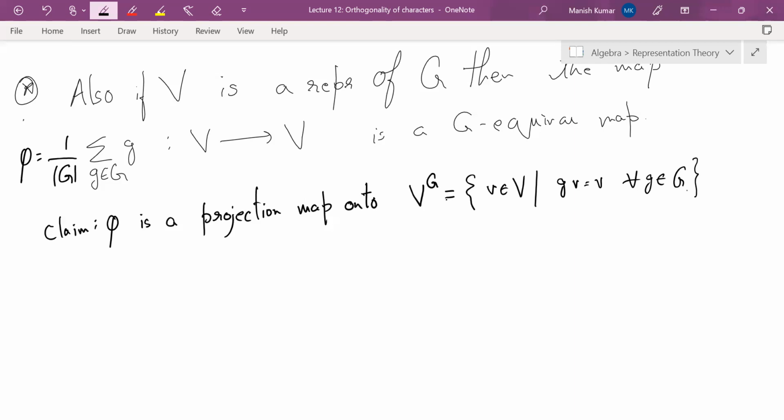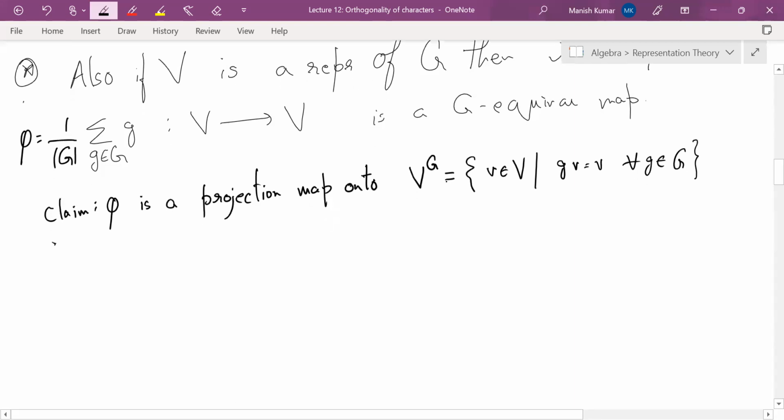So you get the size of G number of times v, but you are scaling it. So let's see a proof of this claim. Proof: v in V^G implies phi(v) is equal to v.